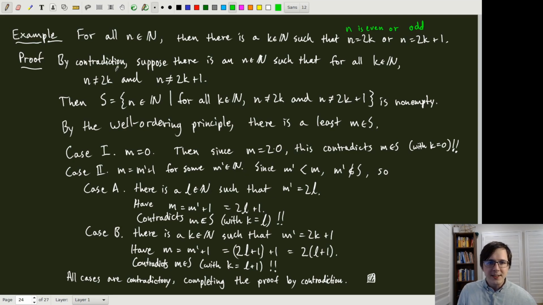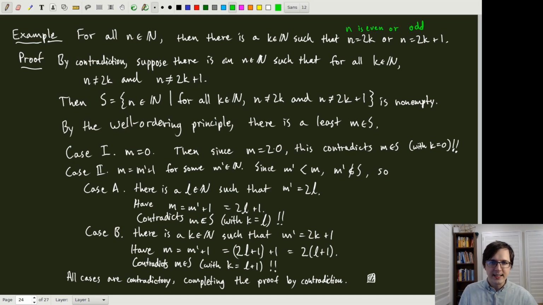Okay, so by contradiction, we'll assume the opposite, which I've written out as: there exists an n such that for all k, both n is not 2k and n is not 2k plus 1. So it's neither even nor odd.